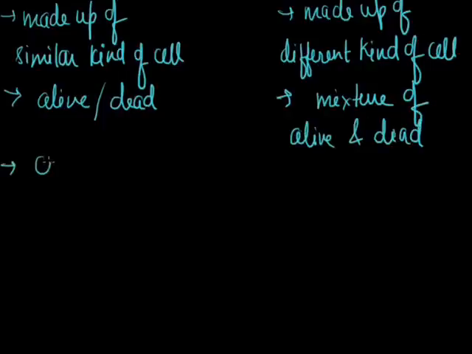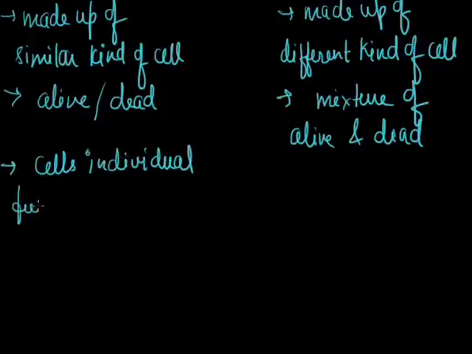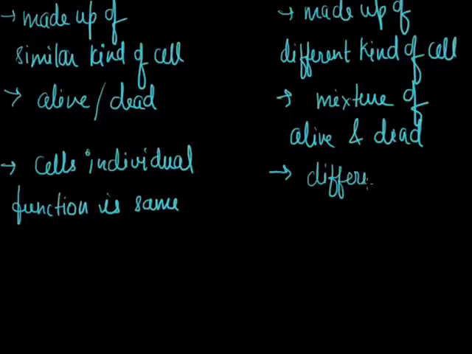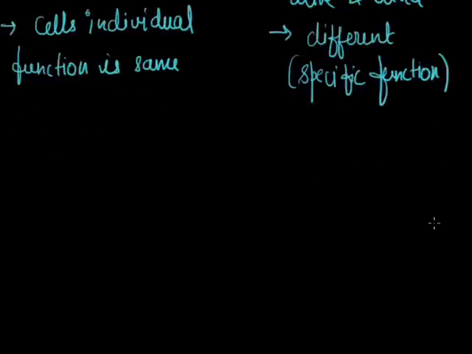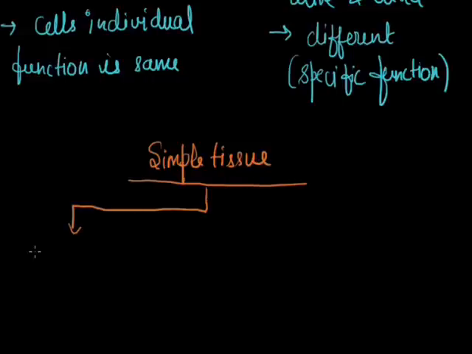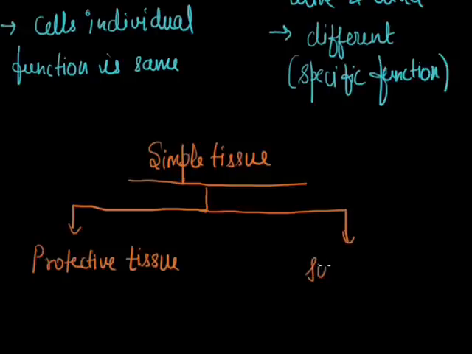In simple tissue, the cells' individual function is the same. But in complex tissue, it may be different or it has a specific function. So, if we study simple tissue first, it is again categorized into two forms. The first one makes protective tissue and the second one makes supportive tissue.